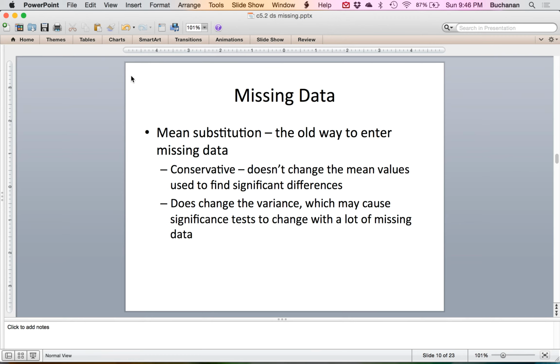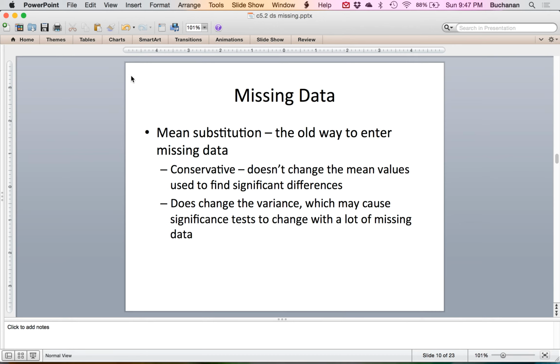So if the average of RS2 is 4.5, I would fill in 4.5 for every missing data point. And that's actually the default in SPSS. It is fairly conservative in the sense that it does not change the mean value, so it doesn't change your average scores. However, it does change the variance. It lowers the variance because you put more scores on top of the mean.